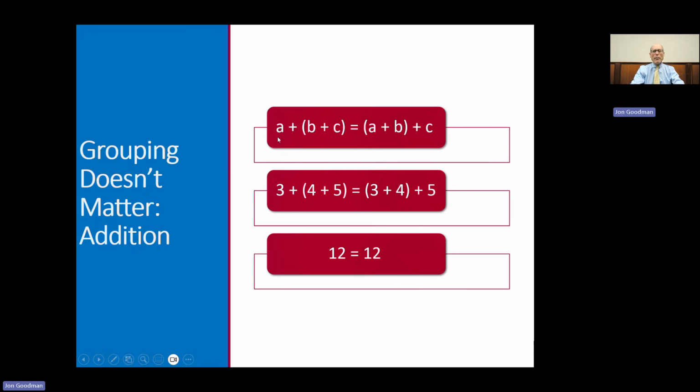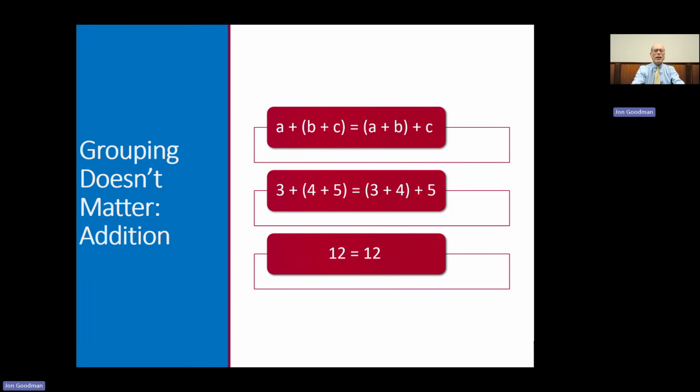Grouping does not matter with addition. Notice that A, B, and C are all in the same order here. A, B, and C is in the same order here. And 3 plus the sum of 4 plus 5 equals 3 plus 4 plus 5. These parentheses don't suggest an order, they compel an order.